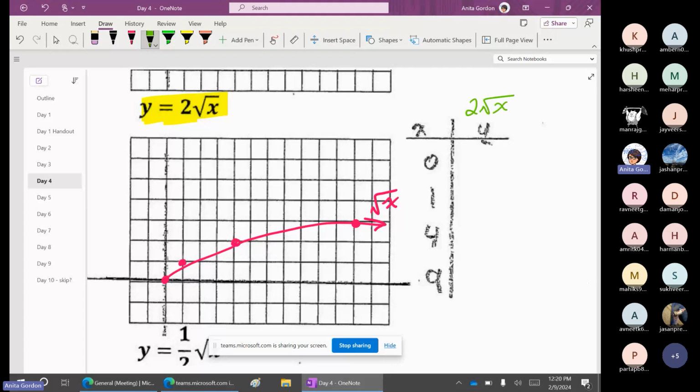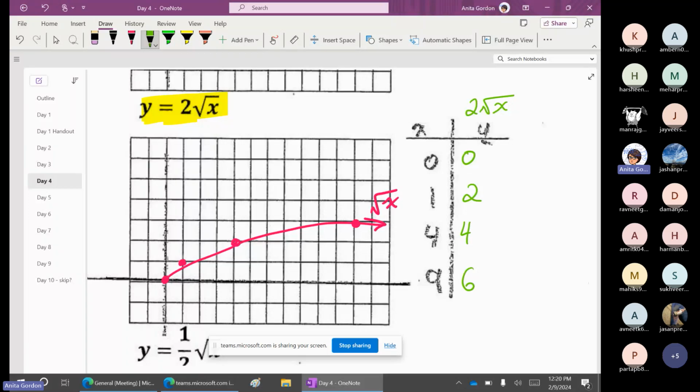So if x is 0, what's my y? 0. If x is 1, 2. If it's 4, 4. If it's 9, 6. Right? Square root of 9 is 3. 3 times 2 is 6.